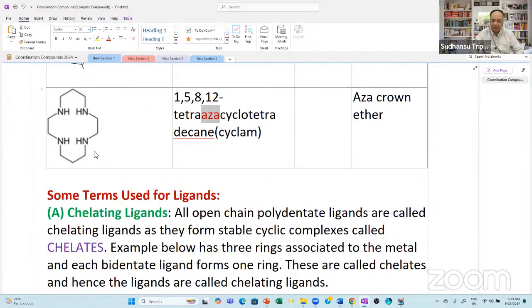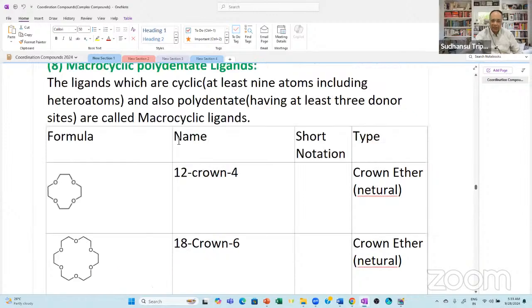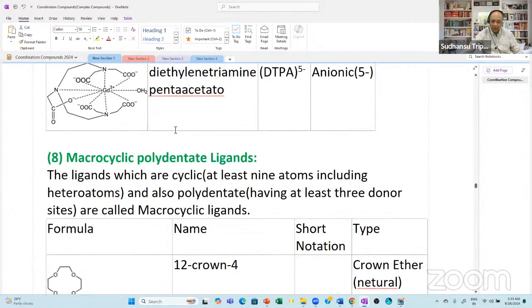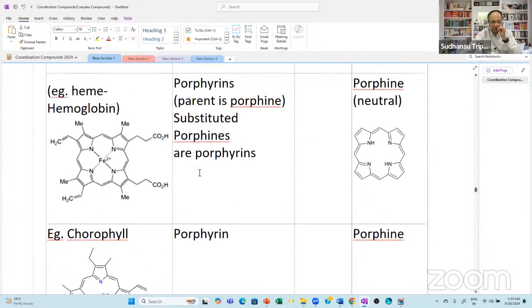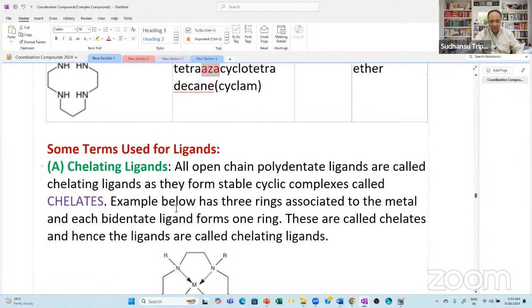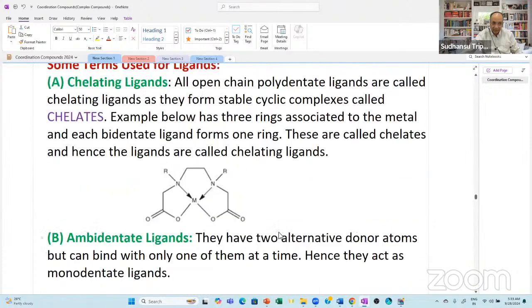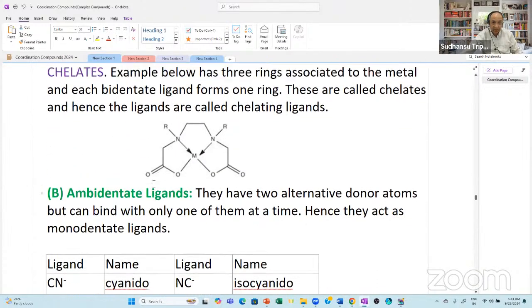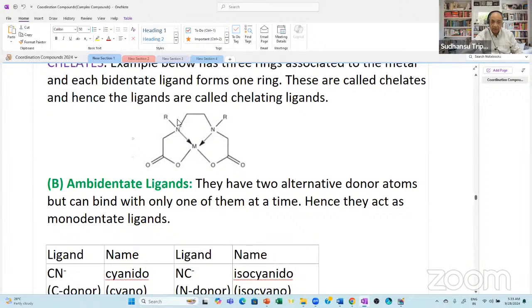So you write these things in detail, leaving some space to write about macrocyclic polydentate ligands and some other terms like chelating ligands. Chelating ligands are polydentate ligands that form cyclic rings, and these rings are called chelates.